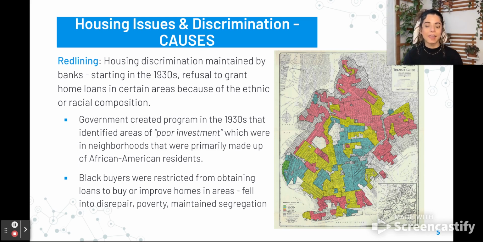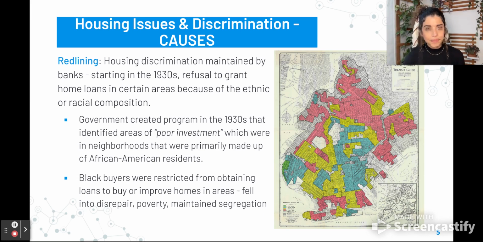So let's say if there was an African-American couple that went into a bank wanting to get a loan for a house in a more upscale area where it was mostly white Caucasians living there, then the bank would deny them that loan. So that was how redlining worked.